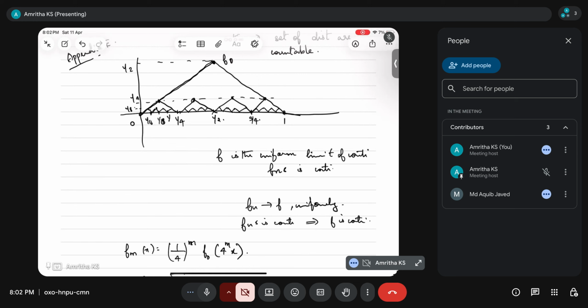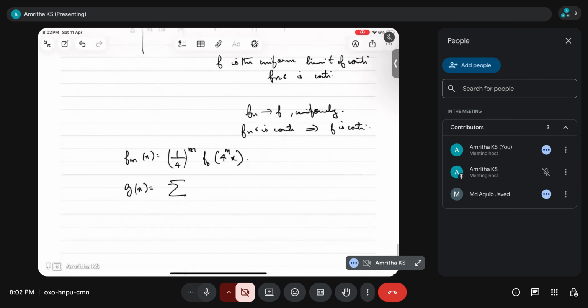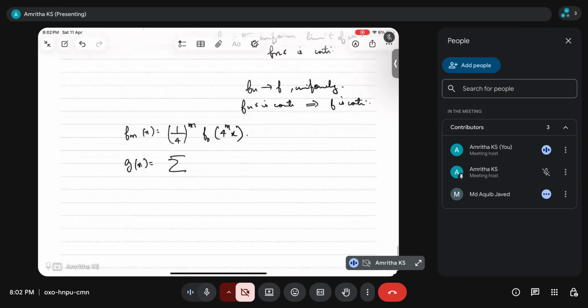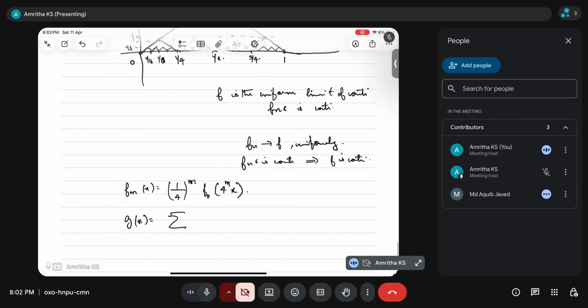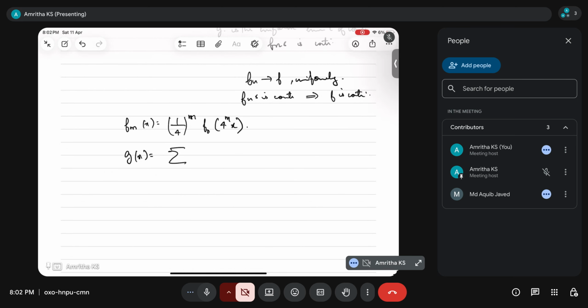So now you take the limit. We define g to be the sum from 0 to infinity of f_m of x.